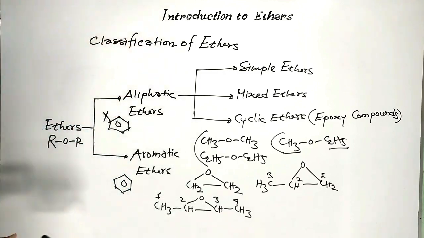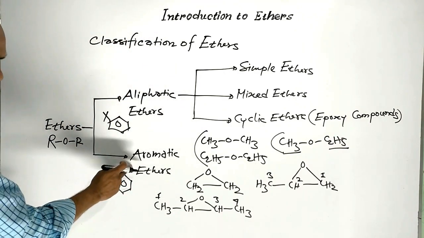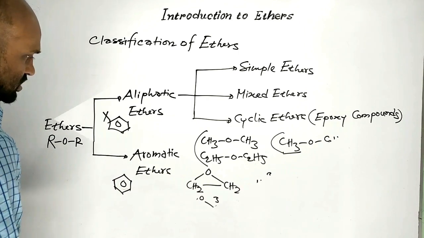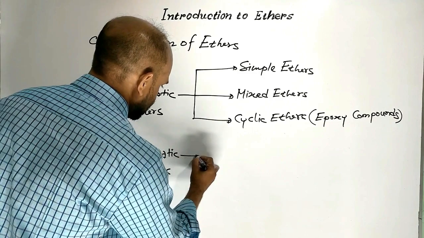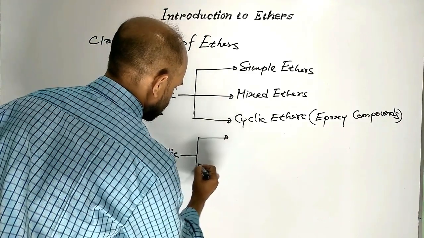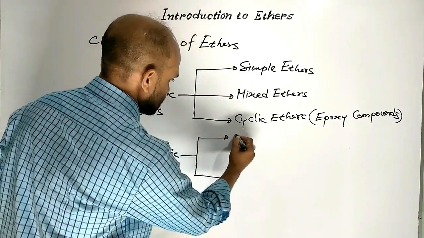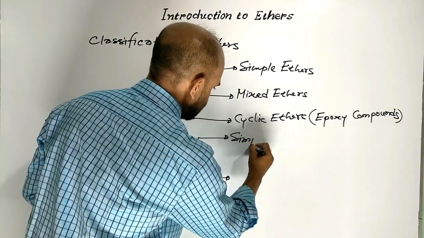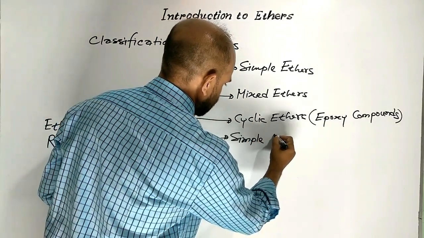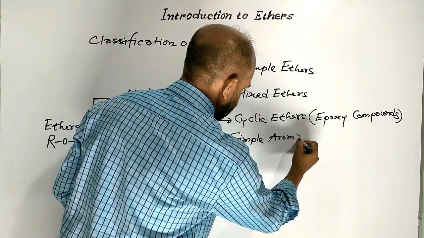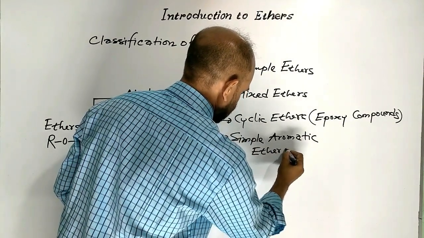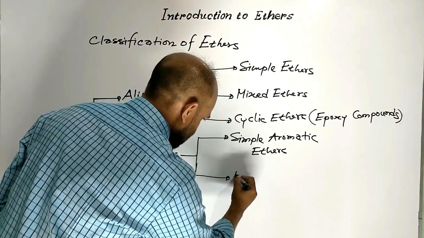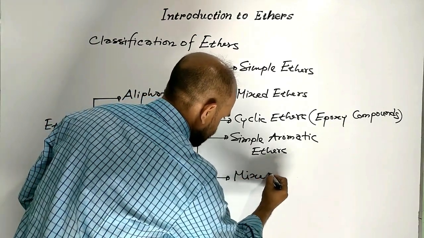Now let us see some examples of aromatic ethers. Again, aromatic ethers are classified into two groups: simple aromatic ethers and mixed aromatic ethers.